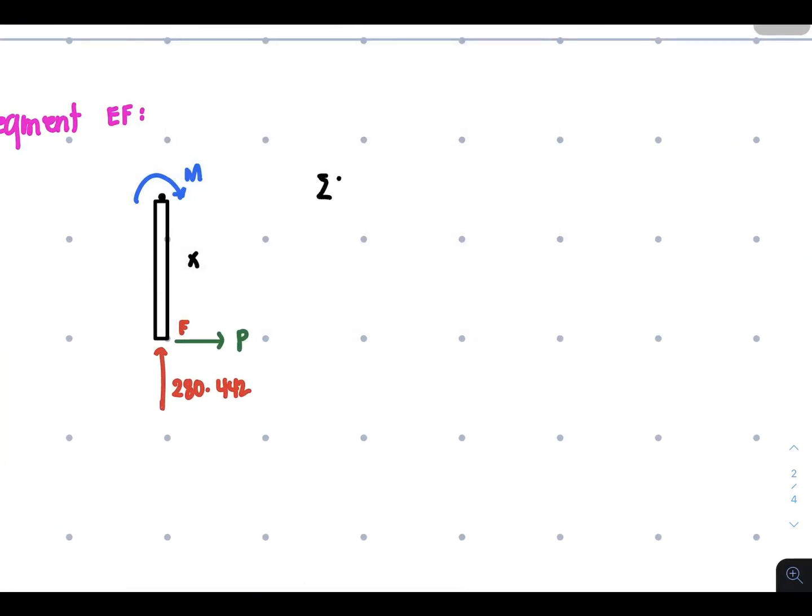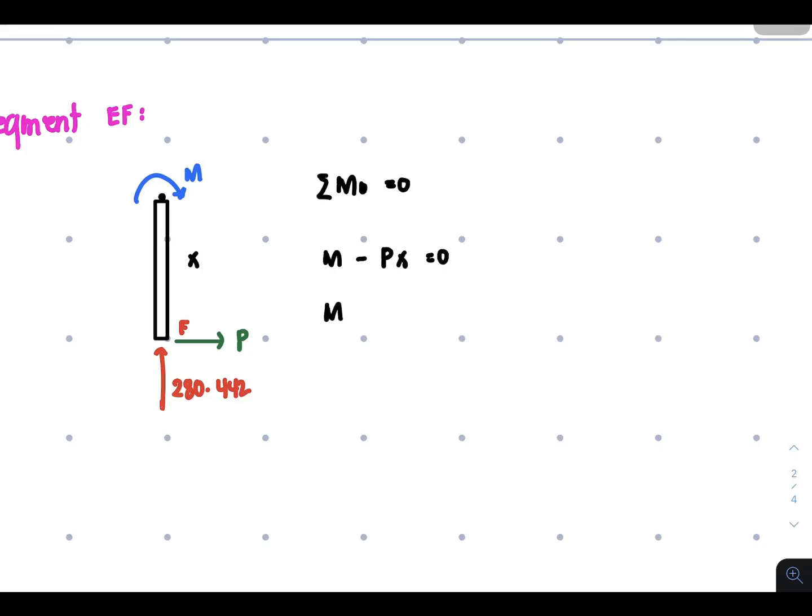Let's have the summation of moment at the point of cutting equal to 0. This will not cause any moment as this one goes through the point of cutting. So therefore, you have M clockwise and then minus P times x equal to 0.